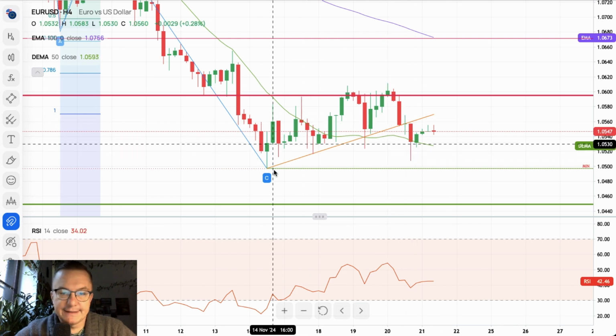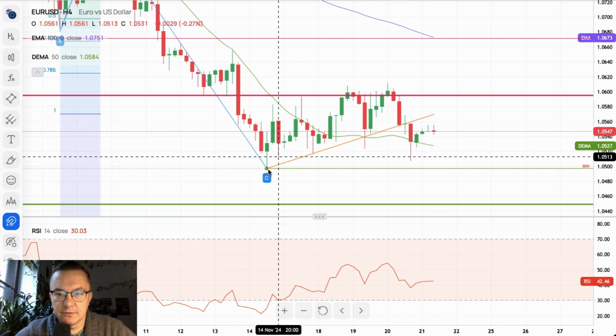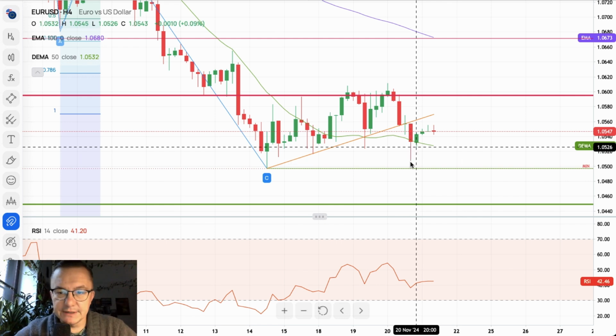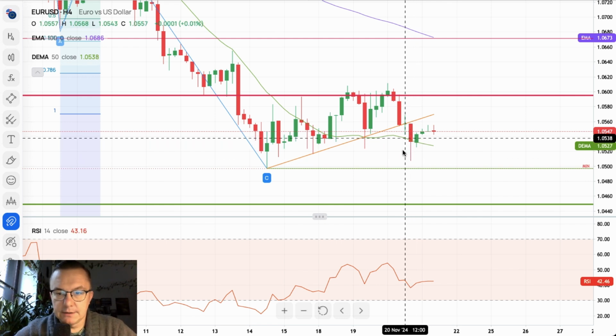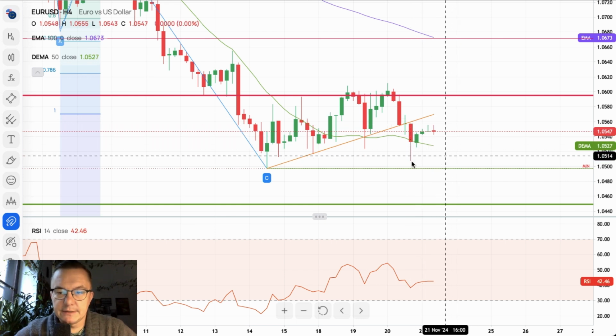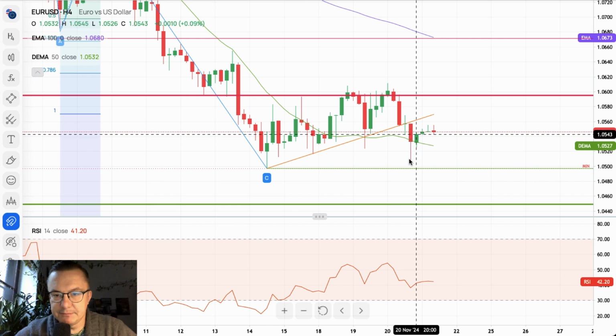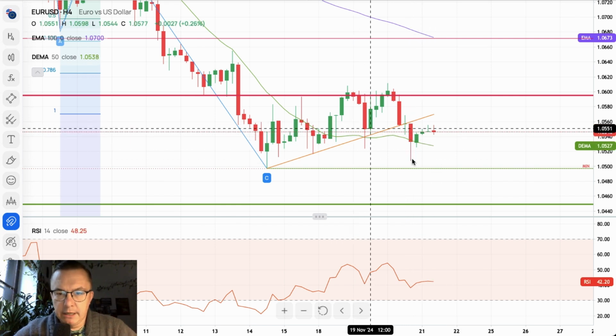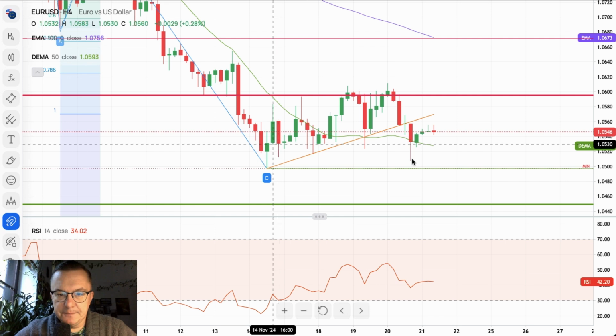We almost tested the lows of wave C, 1.0494, but as you can see, with this long lower shadow, the market participants, especially bulls, have been buying the dip here, here, here, and even here.